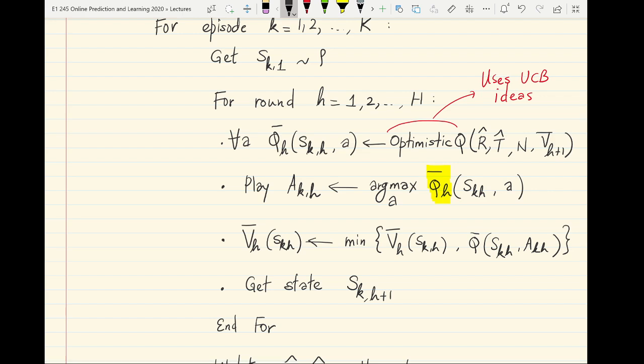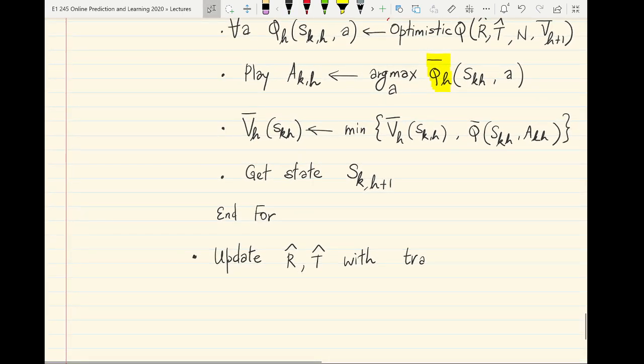However, when the episode ends, all the data from this episode is used to update your estimates for R and T. Okay, so update R and T with the trajectory that is SK1, AK1, RK1, SK2, and so on, all the way up to SKH, which is what happens at the end of the trajectory.